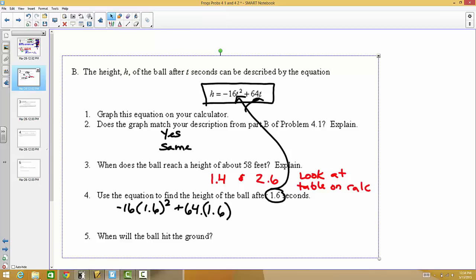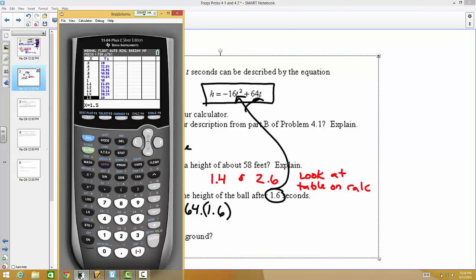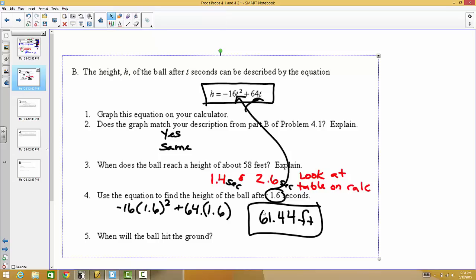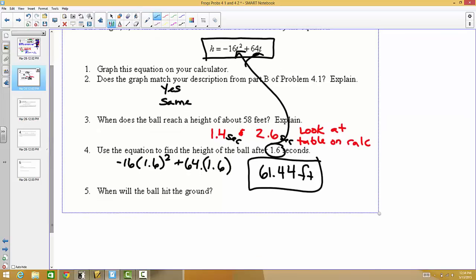But we also have that information right here that you can check yourself with. And 1.6 will give you 61.44 feet. And we should probably put seconds for our units right here. And when will the ball hit the ground? Well, that's when it goes back to 0. So that's at 4 seconds.